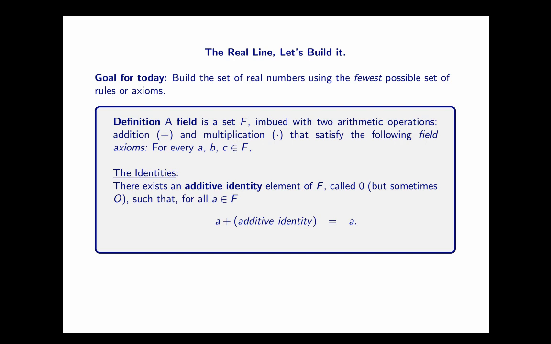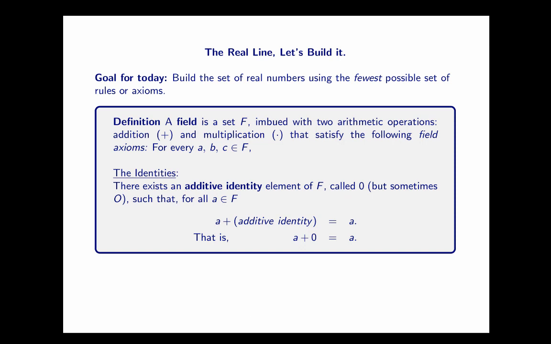And then there are the identities. And as we have two arithmetic operations, we actually have two types of identities. There's the additive identity. A plus the additive identity is A. Of course, if I said A plus a mystery number is equal to A, we would know that that mystery number would be 0.